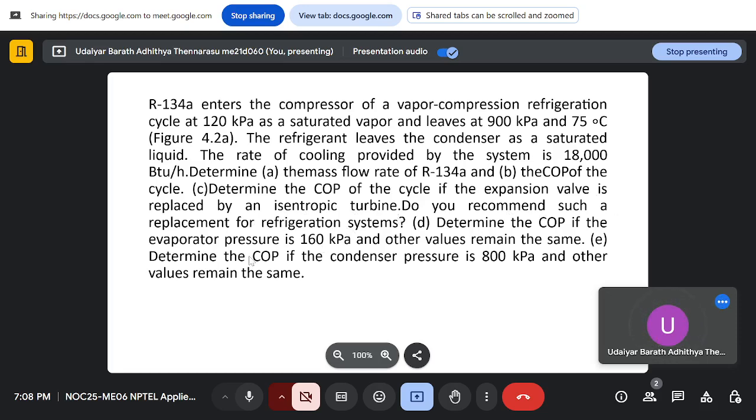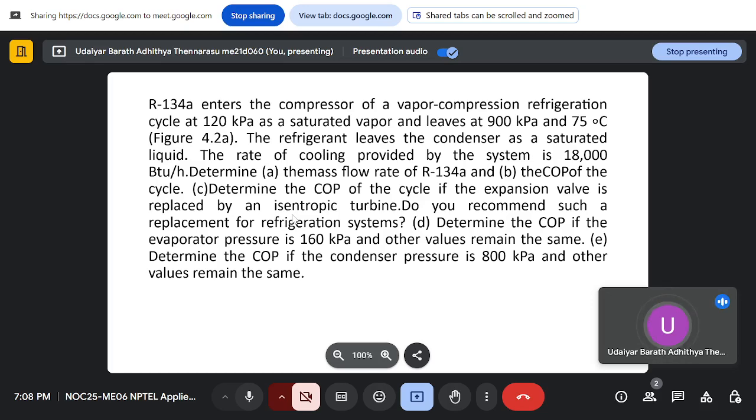Determine the COP if the evaporator pressure is 160 kilopascal and other values remain the same. Determine the COP if the condenser pressure is 800 kilopascal and the other values remain the same. So what we are doing is, first we are changing the expansion valve to an isentropic turbine. Initially there is a VCRS cycle, then we are making 3 changes.